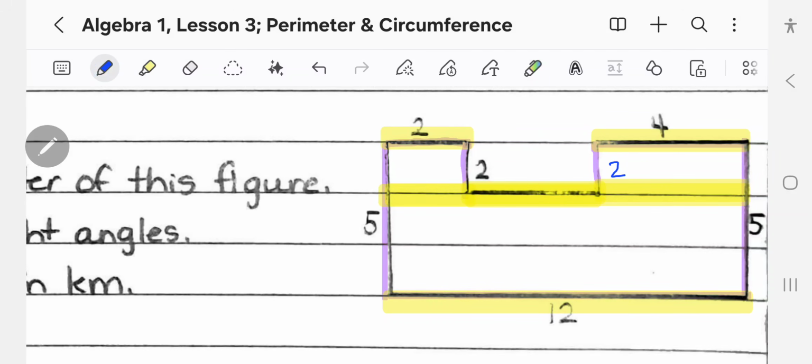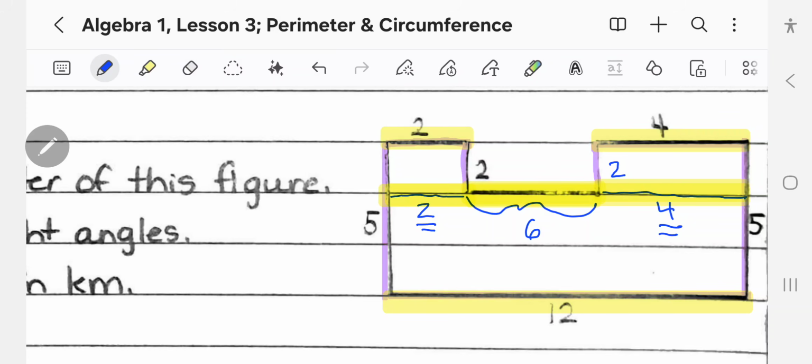So let's think about that for a second. If this piece of it is 2 and this piece of it is 4, then we can figure out this piece, right? 2 plus 4 is 6. 6 plus what is 12? Well, that's got to be 6. So I can put a 6 in here.